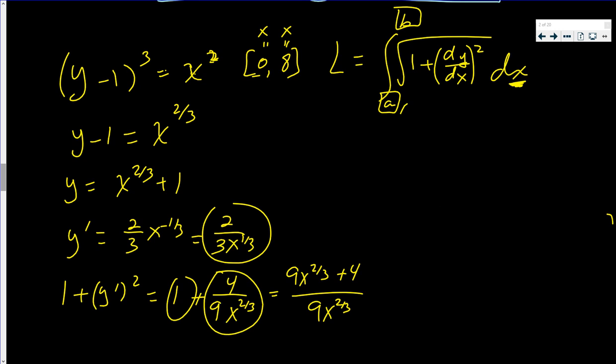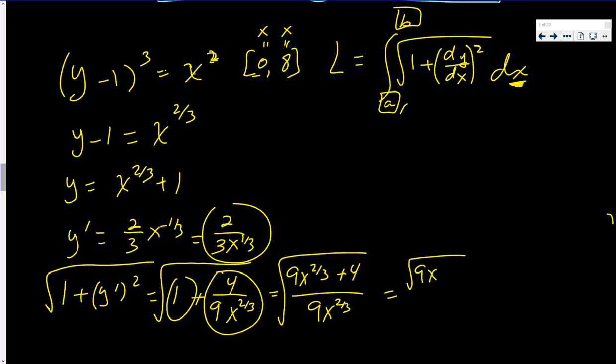Okay, fine, that is what it is. And if we happen to take the square root, we have to take the square root of all three of these. So we get the square root of the numerator. Now, the square root of 9 I know is 3.